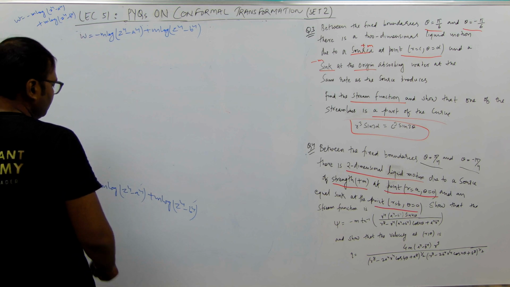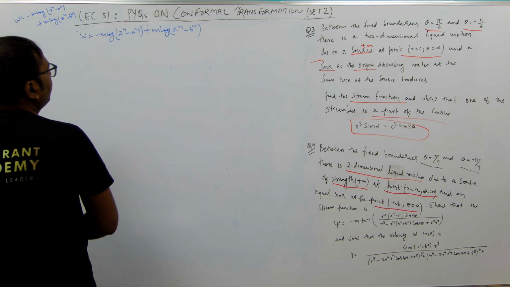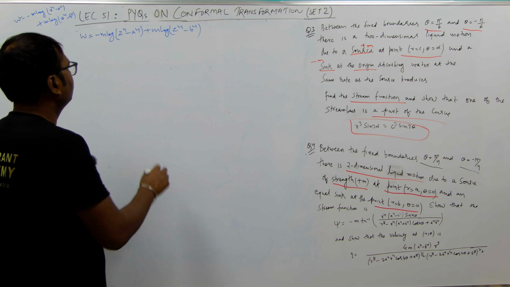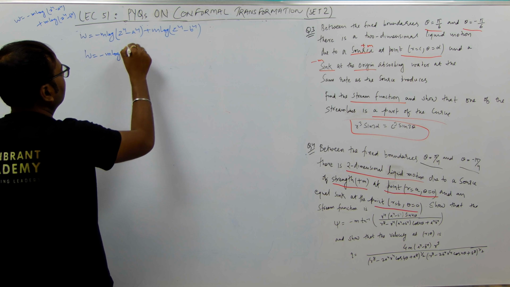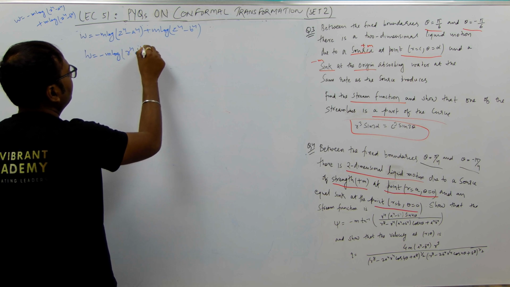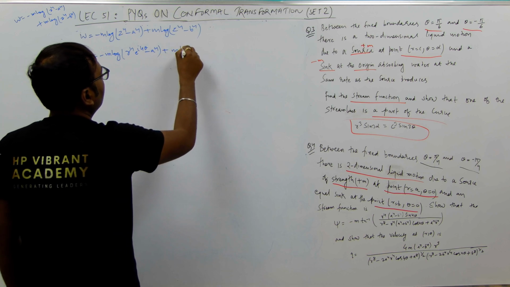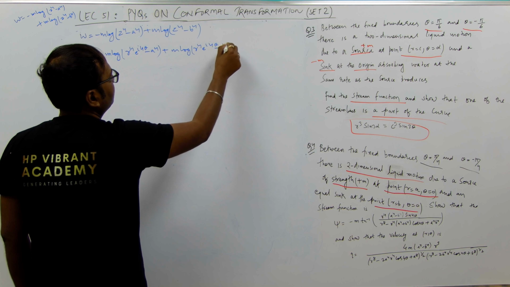Okay, so let us put z as r e to the power i theta. So we have w is equal to minus m log of r4 e to the power i 4 theta minus a4 plus m log of r4 e to the power i 4 theta minus b4.